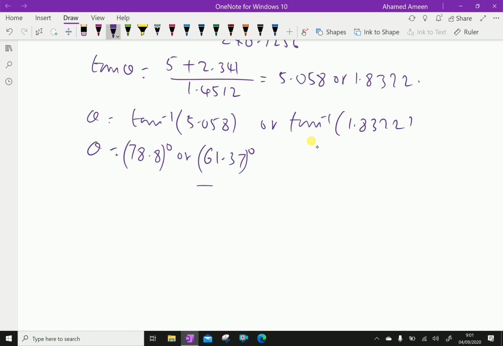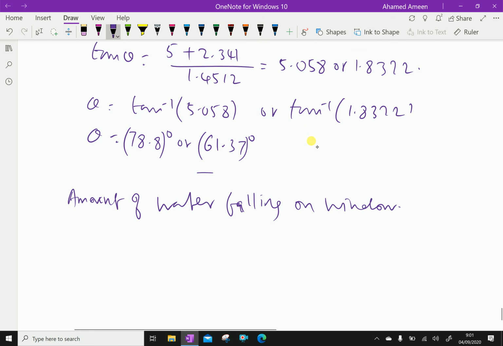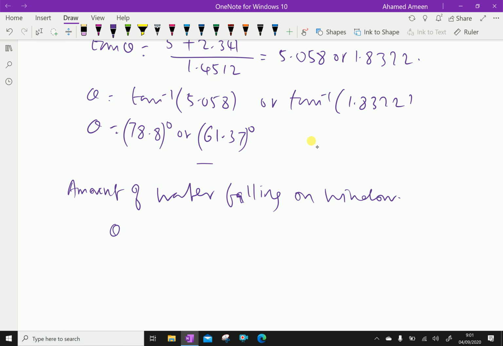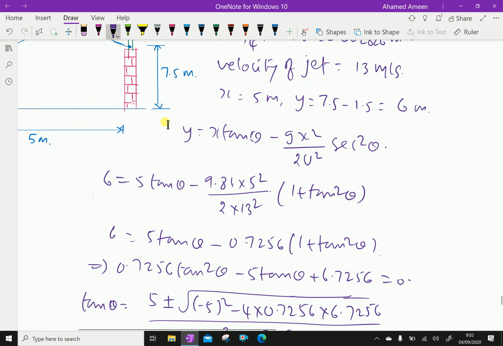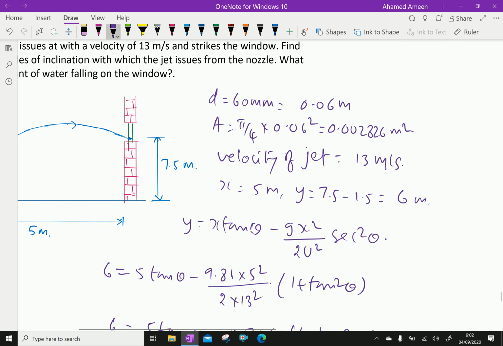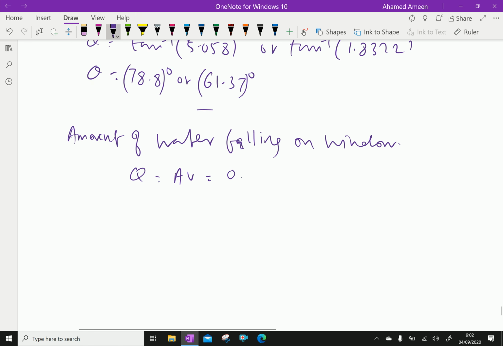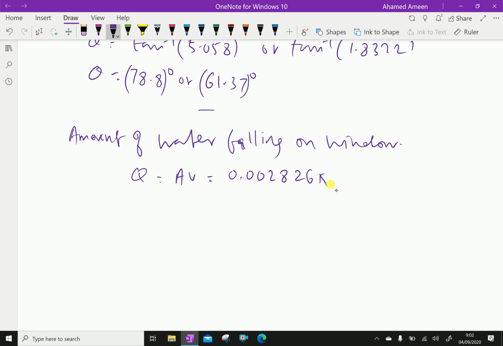Next, the amount of water falling on the window, that is Q, equals A V. The area of the cross section is 0.002826 and the velocity is 13.